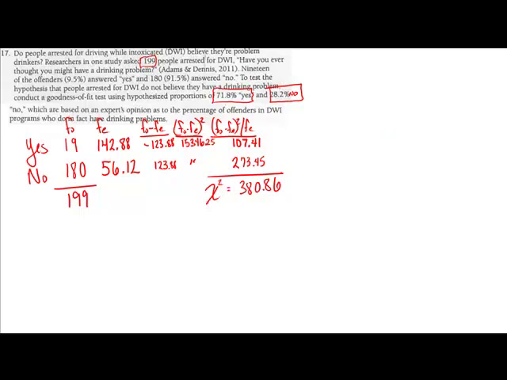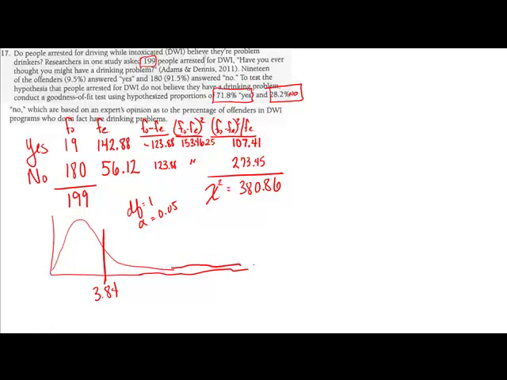Now, remember, our chi-square, what's our critical value? Well, with two groups, that means we have 1 degree of freedom. If we set alpha to 0.05, that is 3.84. We got a 380.86.